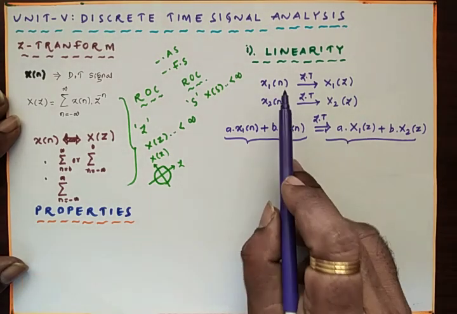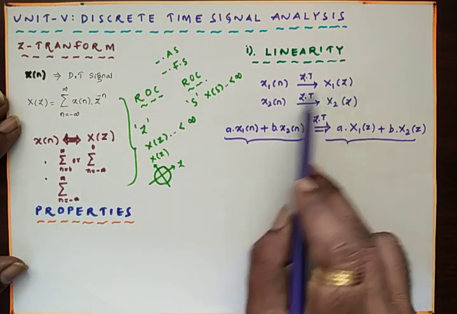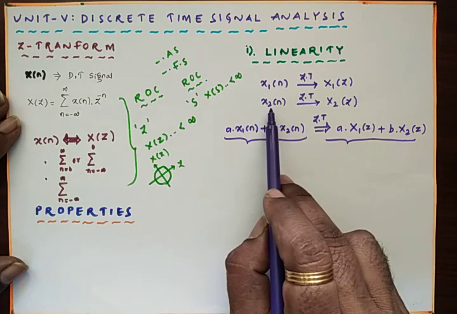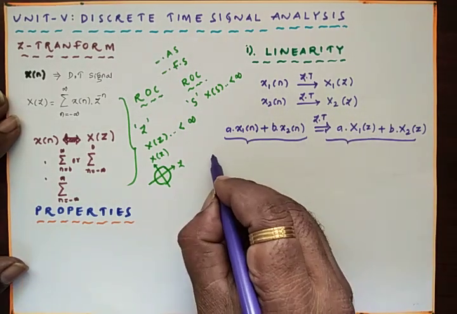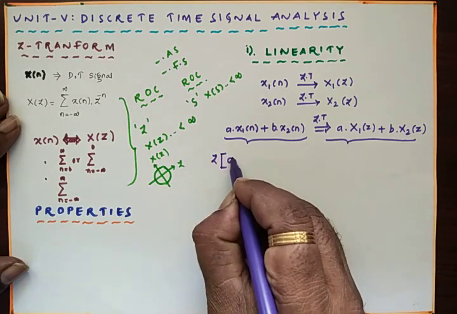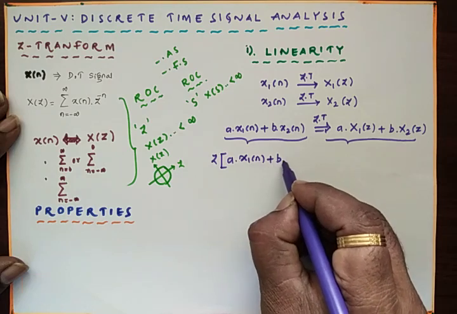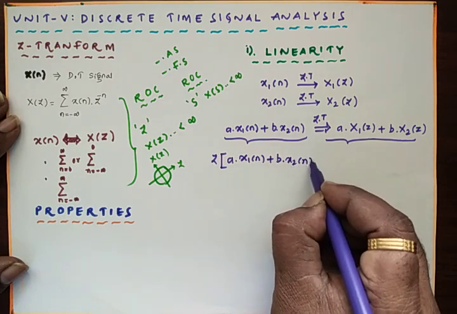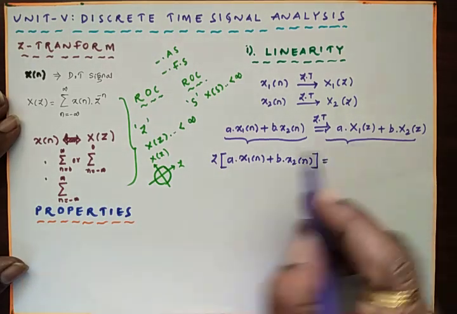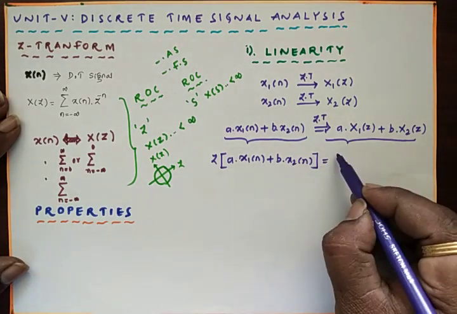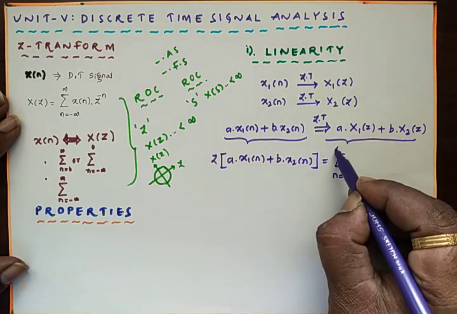We know that x1 of n, if we apply the z transform, will be x1 of z, and x2 of n will be x2 of z. Now we have to apply the z transform on a into x1 of n plus b into x2 of n. For this, we use the standard formula. Assume this total is x of n, so sigma n equals minus infinity to plus infinity.